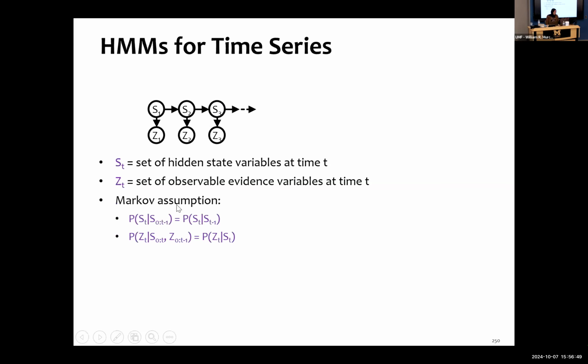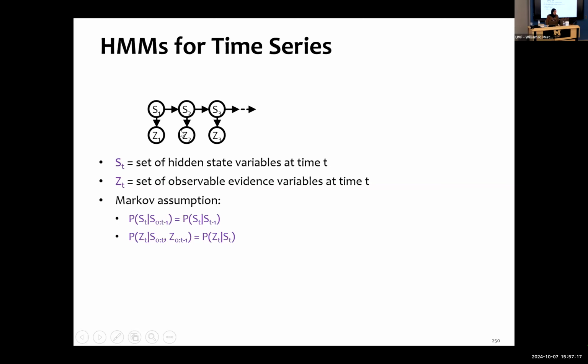Now, if we apply the Markov assumption, it tells you that the probability of S_t given S from 0 to t minus 1, meaning the whole history that we have, is the same as the probability of S at time t given S at the previous time step.